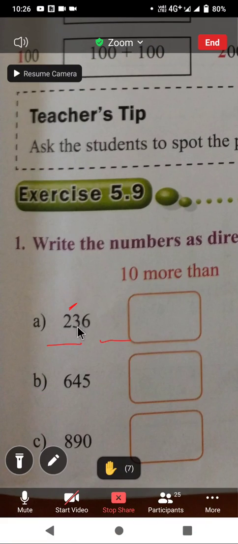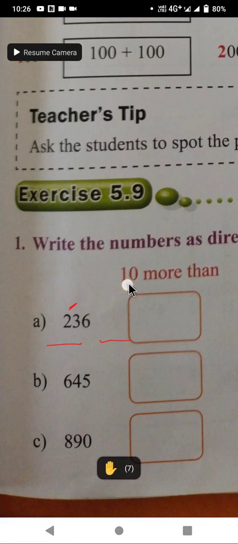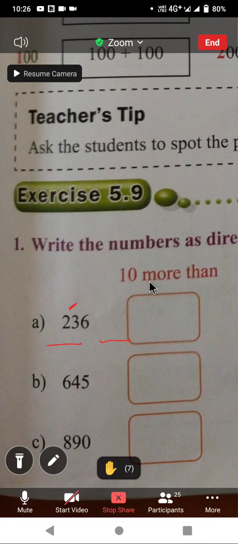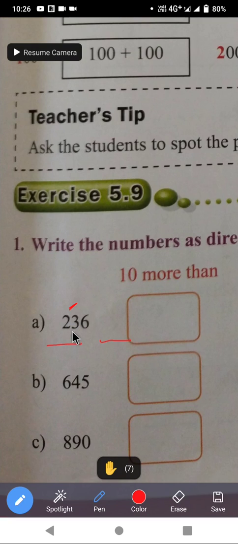So students, what I told, when we need to find 10 more than, we just add 1 in the tens place. The tens place digit is 3 here, so 3 plus 1 is 4. At the tens place we will write 4, and the 100 place and ones place will remain the same, and it will become 246.